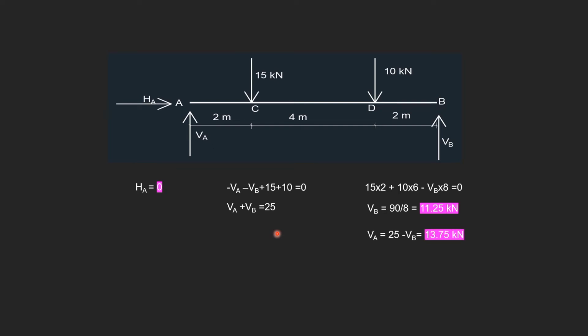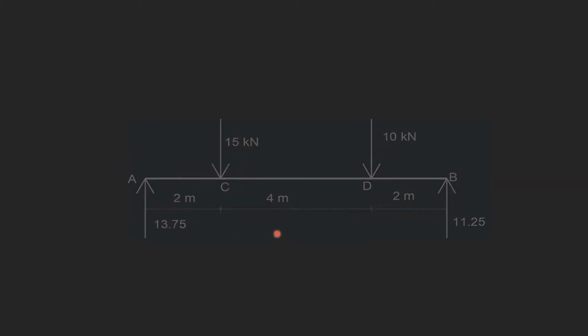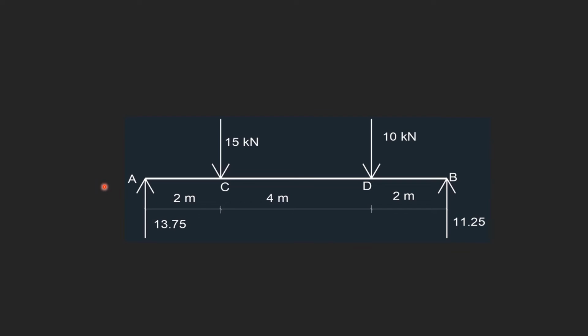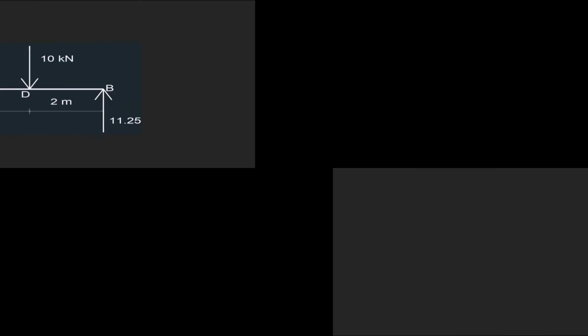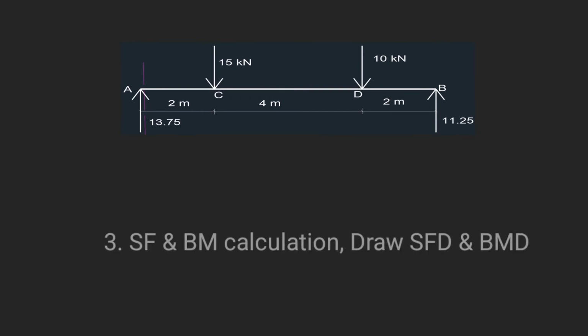That is VA equal to 13.75 kilonewton. Now, here, since HA is 0, we do not show that force, and VA is replaced as 13.75 and VB is replaced as 11.25.